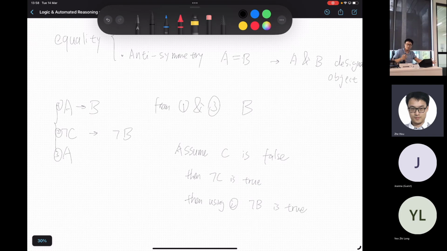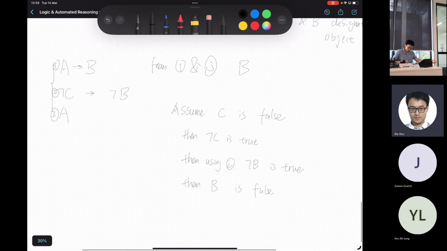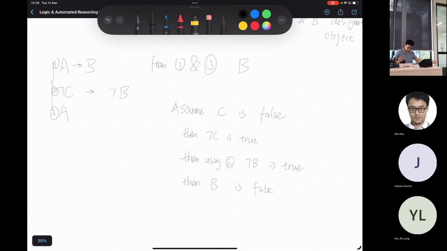That's implication: if the left-hand side is true, then the right-hand side must also be true. If not B is true, then B is false. And then we have a contradiction.